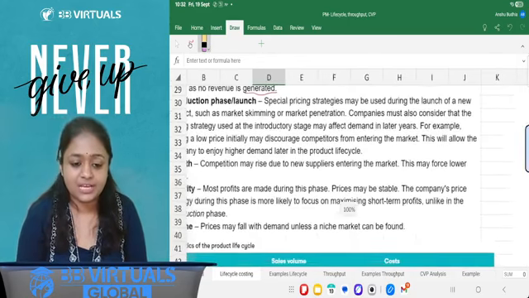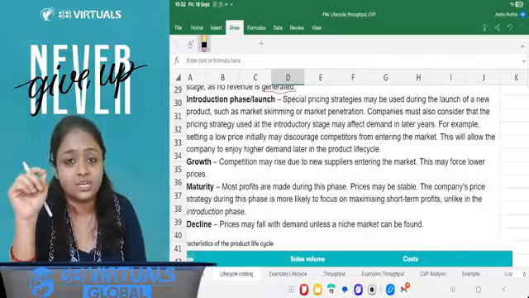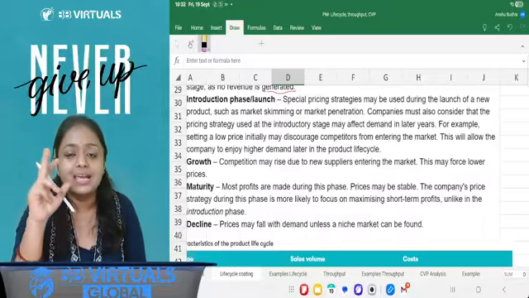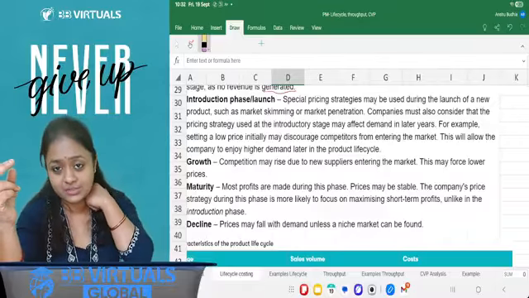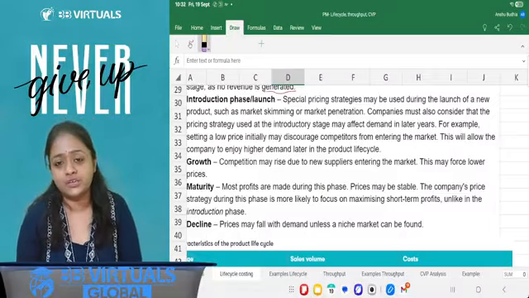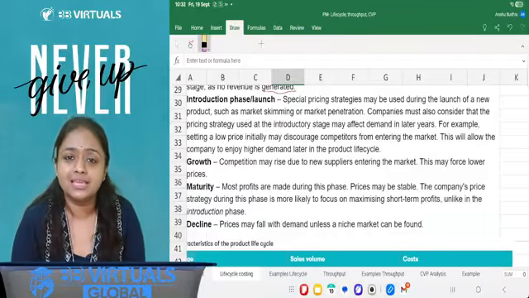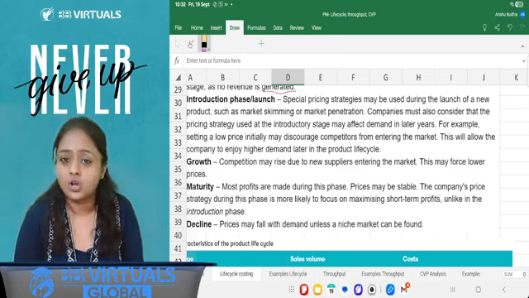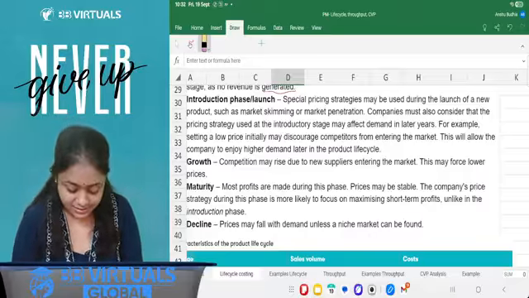Here, like I said, the company will have more negative cash flows, as happens with startups. Startups in the introduction phase generally have negative cash flows, and the profits are not there because the sales have not generated much revenue yet. Cash flows are negative because too much expenditure goes in the early phases. Correct.